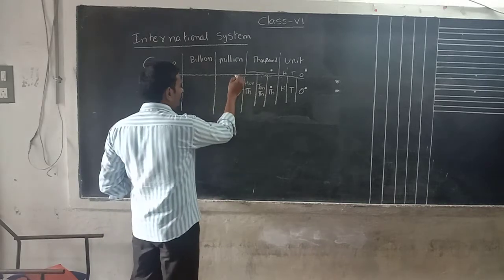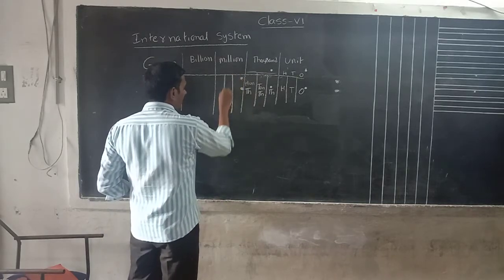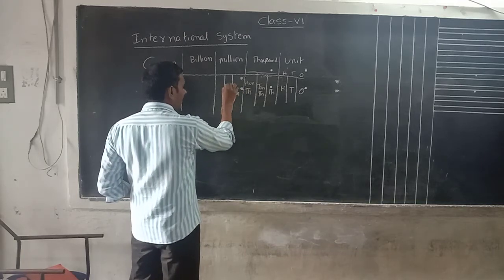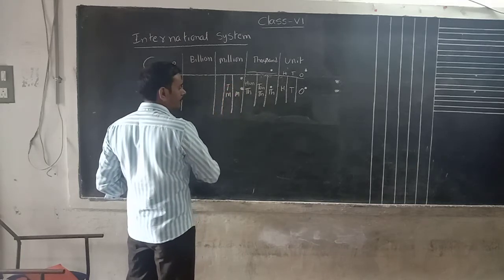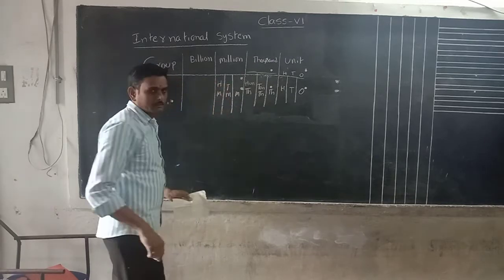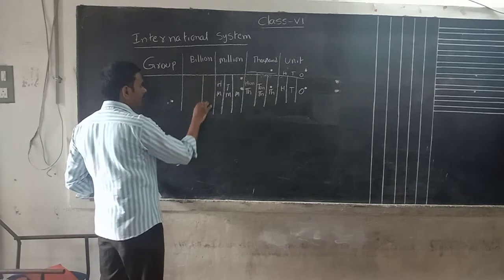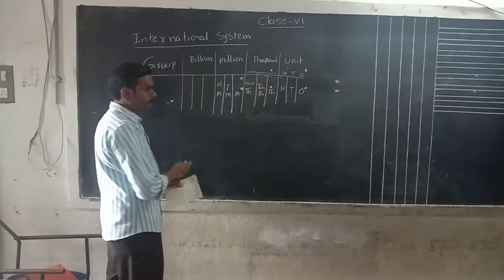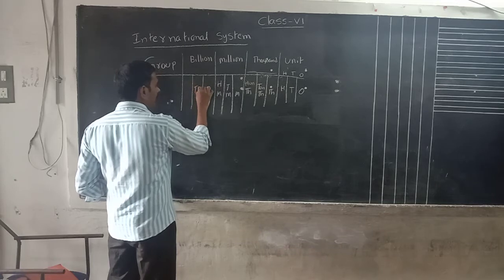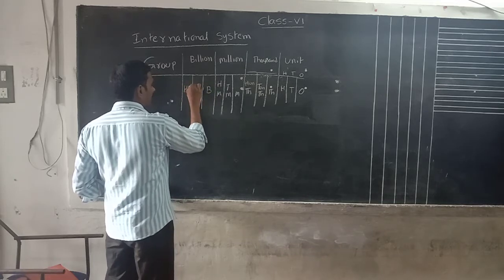For example, for the million group: million, 10 million, 100 million. Similarly, the billion group is the same: billion, 10 billion, 100 billion.